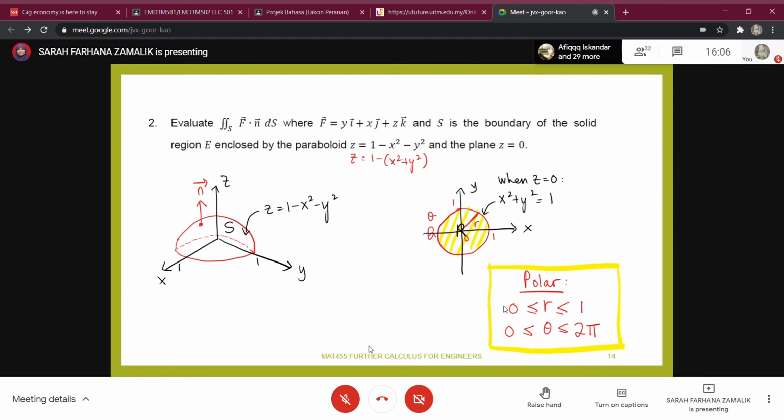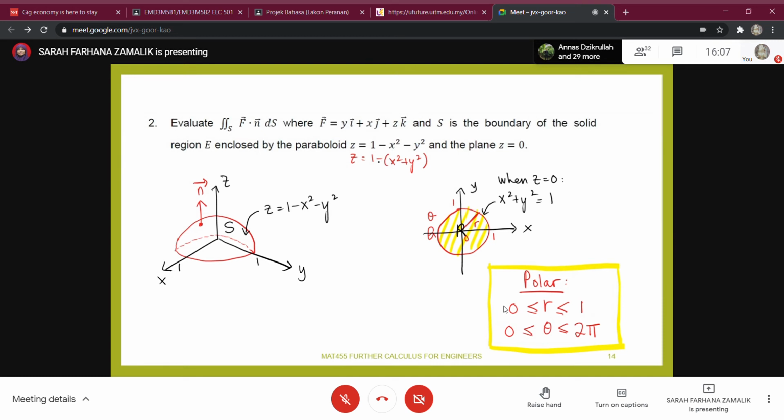So dia bagi paraboloid kat situ, tengok paraboloid awak bentuk macam mana, yang macam tu ke, yang satu lagi. How do you know your direction of your paraboloid here? Because yes, you know direction dia, tengok je dekat Z ni. Z equals to, you know that we have 1 minus x square minus y square here. It can also be written into 1 minus x square plus y square in bracket.